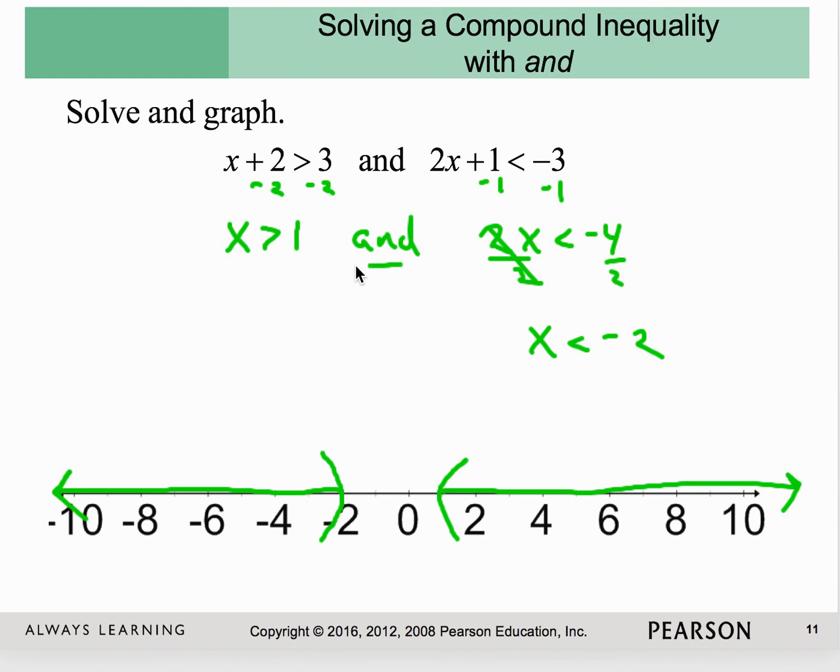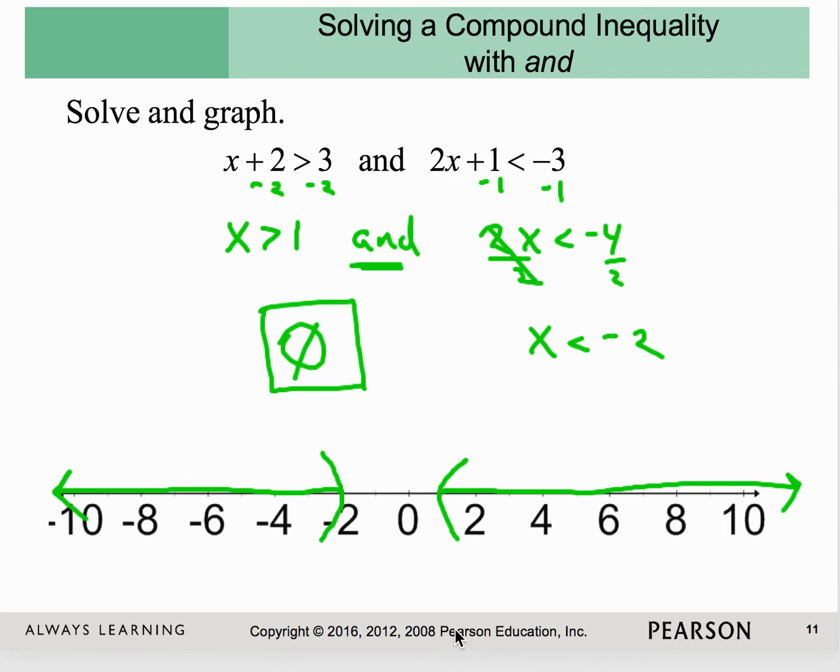Okay, it's an and. I have to have their overlap where they intersect. Only parts where both equations have a solution or an answer, and there's not any intersection. There's not any overlap. Oh, well, then there's not any answer.